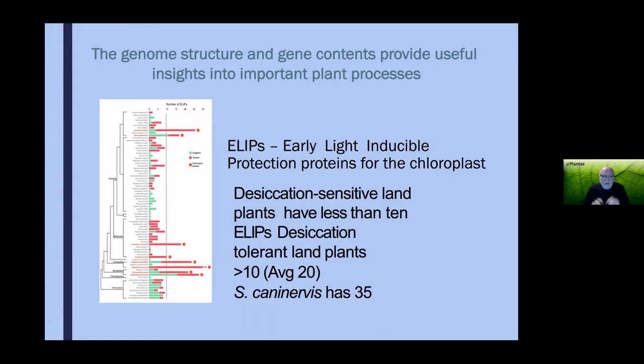So just looking at the genes and looking for repeats and tandem repeats can often tell us how important genes are for particular processes.